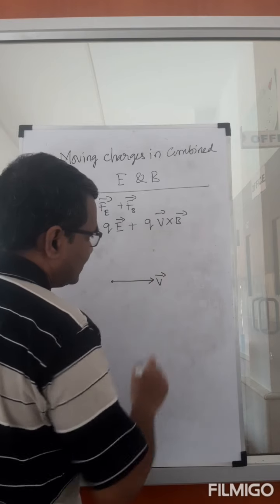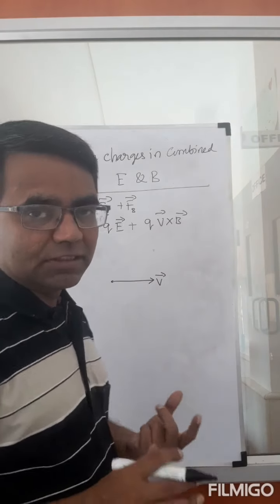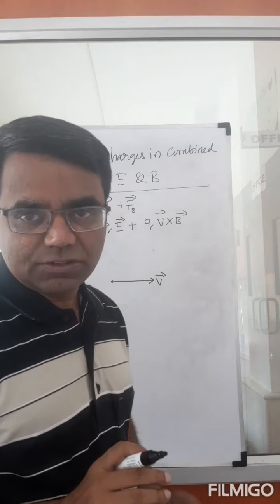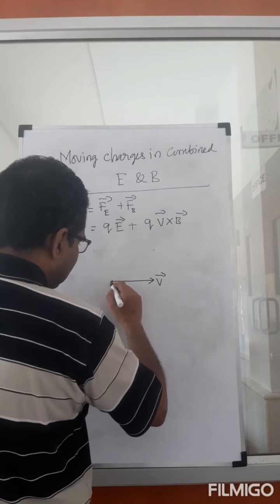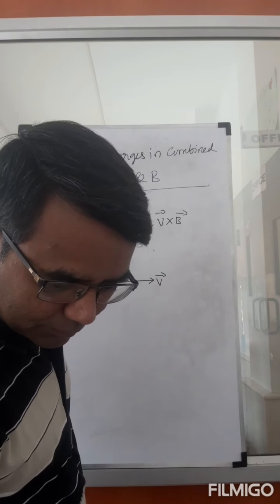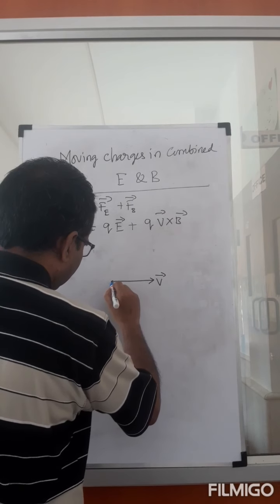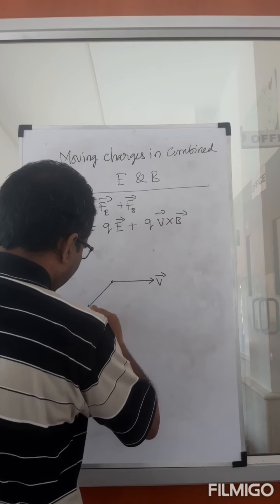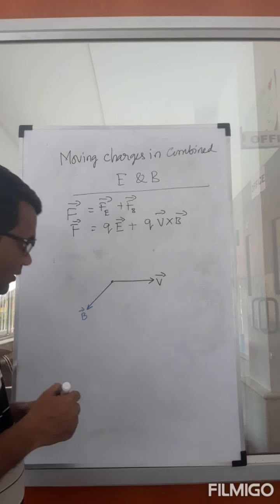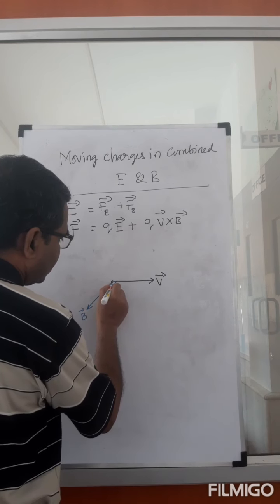This is the velocity. And let us suppose that there is a magnetic field perpendicular to this velocity. This is my B, which is 90 degrees to it.